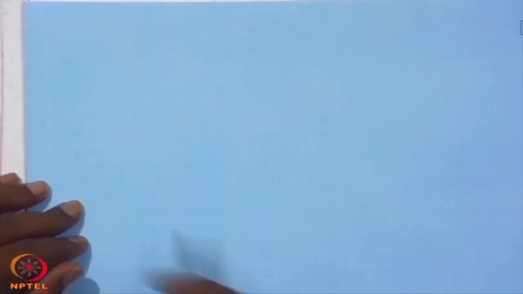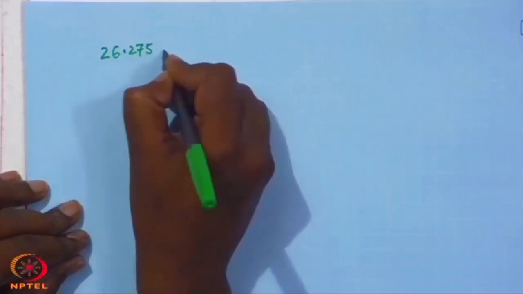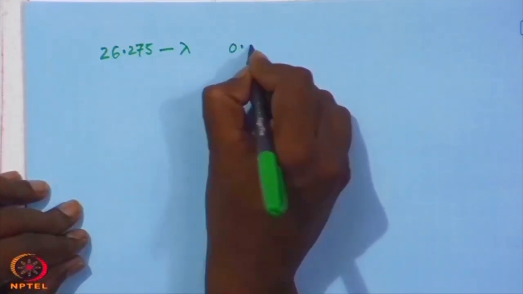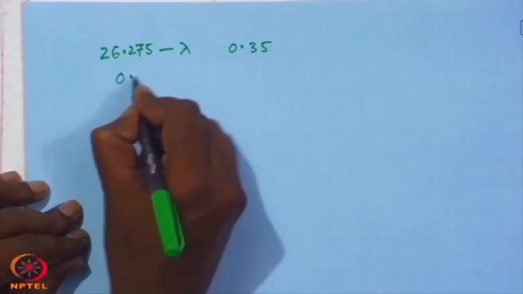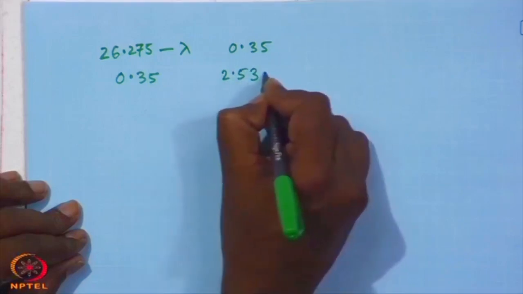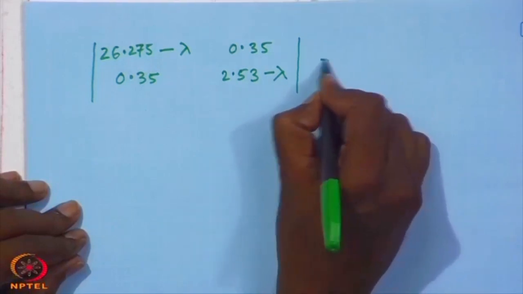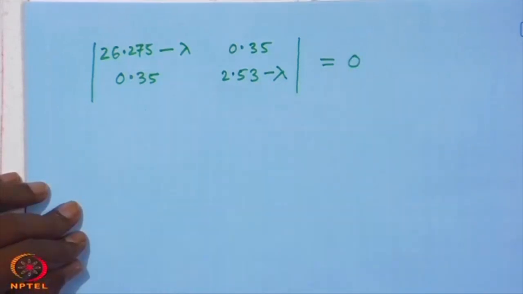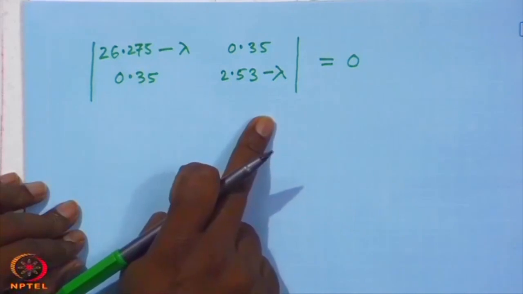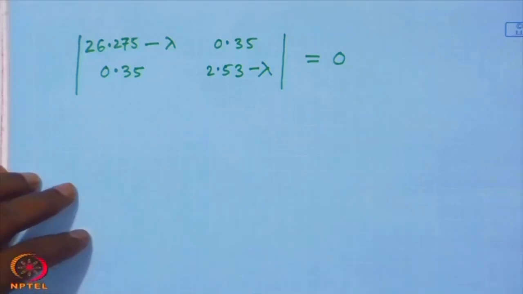The equation that I have to use is: 26.275 minus lambda, where lambda is an eigenvalue, 0.35, 0.35, and then 2.53 minus lambda. Take this determinant and equate it to 0. Solving this equation gives the different eigenvalues lambda.